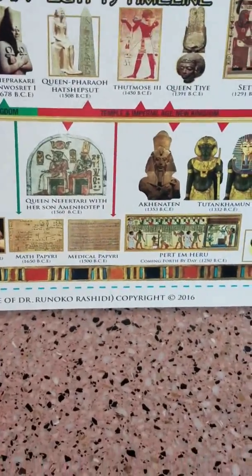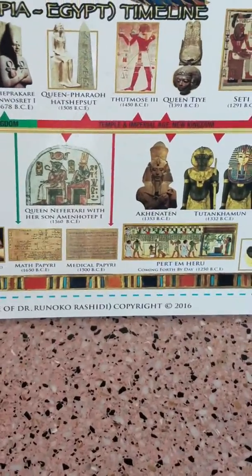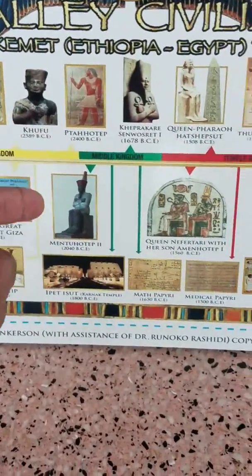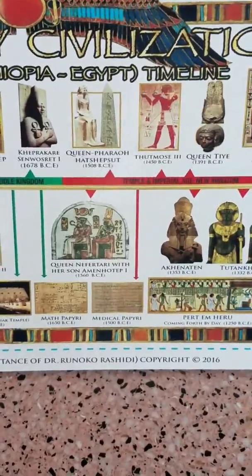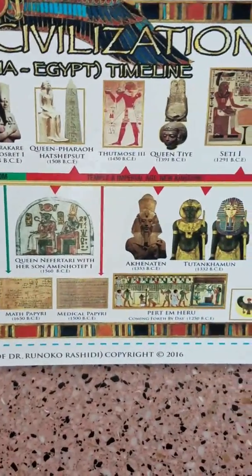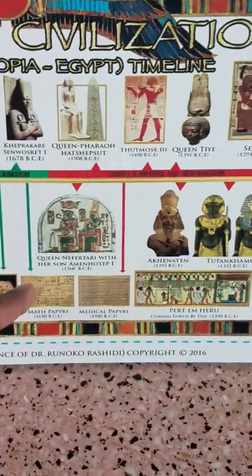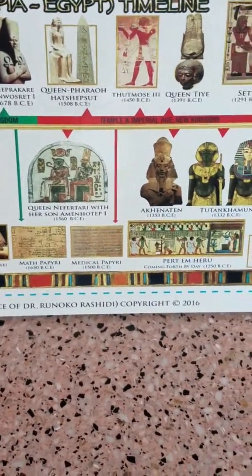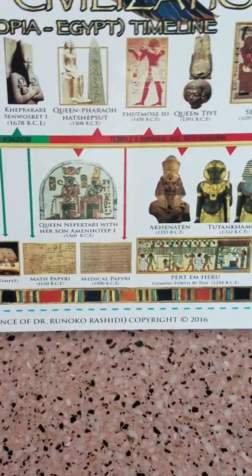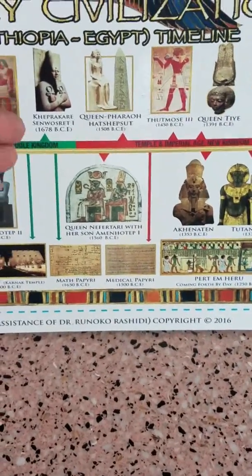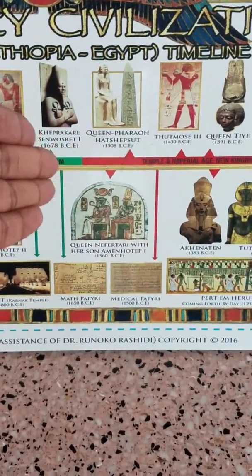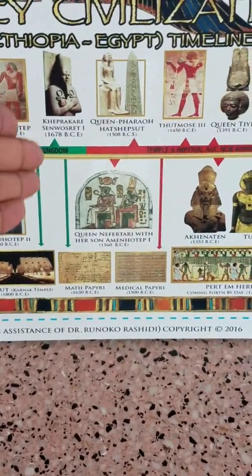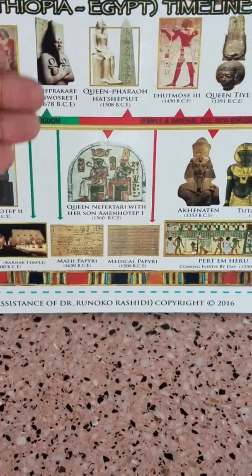When we get to the Middle Kingdom, you see that we have Mentuhotep the Second. We keep coming down some more. We have Queen Nefertari. Now, when we get here, Queen Ahmose Nefertari and her husband Ahmose, they are the ones who started what we call the New Kingdom, after expelling the Hyksos.